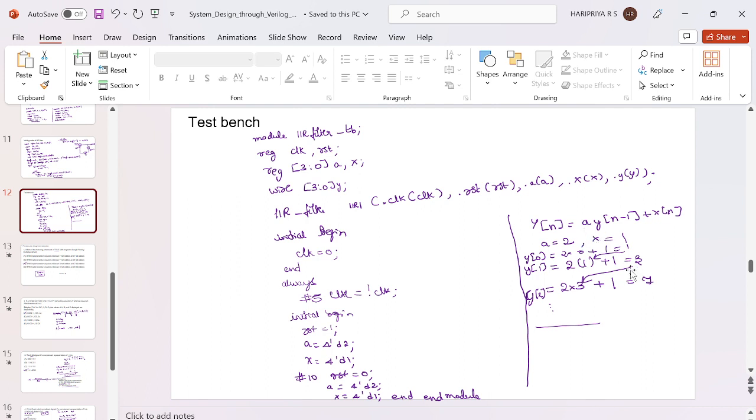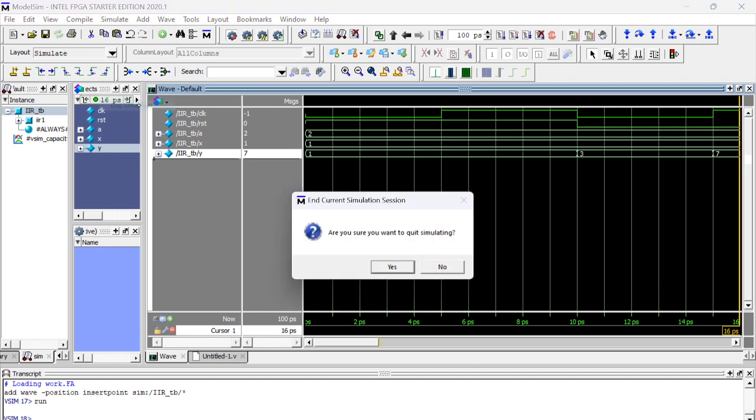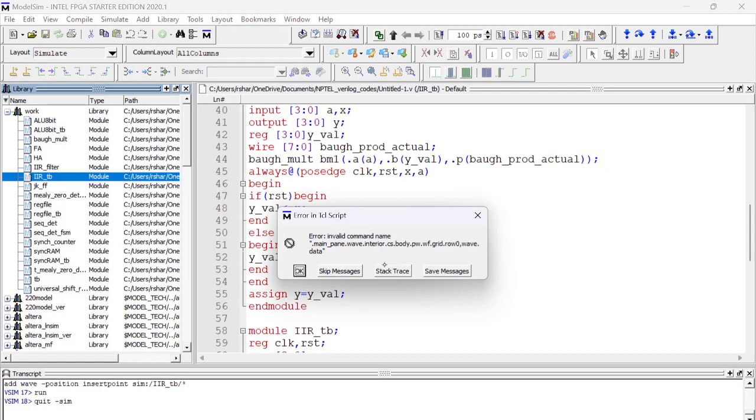Then next, 2 into 1 plus 1, which is 3. The next simulation, 2 into 3, 6 plus 1, 7. So this is the IIR filter code and the simulation results.